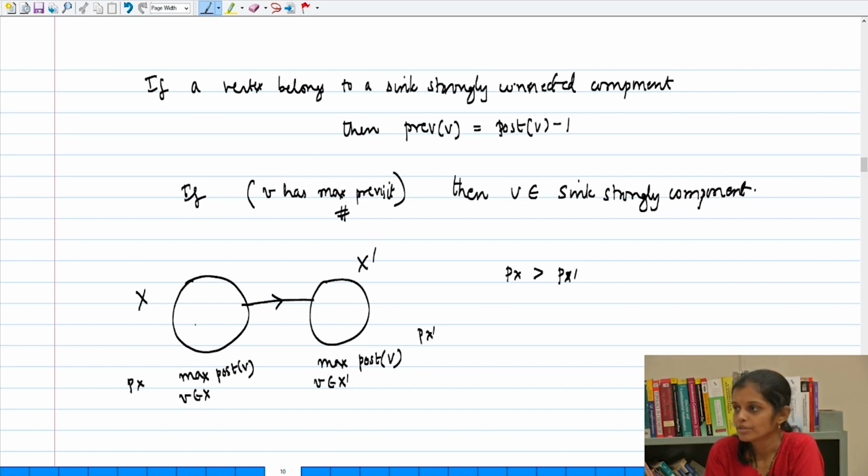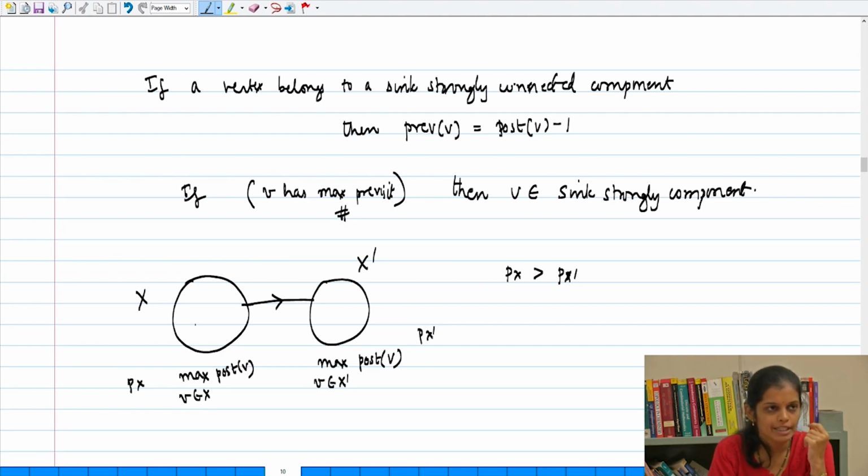Is this clear? So irrespective of whether we choose a vertex inside x or x prime to be selected for the DFS traversal first, we have this property that the max post visit number given to a vertex in x is larger than the max post visit number given to a vertex in x prime. Everybody okay with this? Yeah, okay. So now, how can we use this to say what vertex belongs to a source strongly connected component?